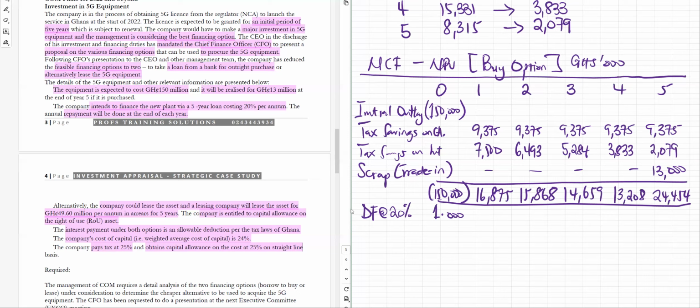So 1.2 raised to the power minus 1 gives us 0.833. The next year is 0.694. The next year, 0.579.